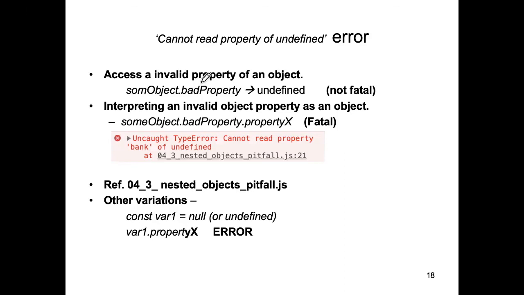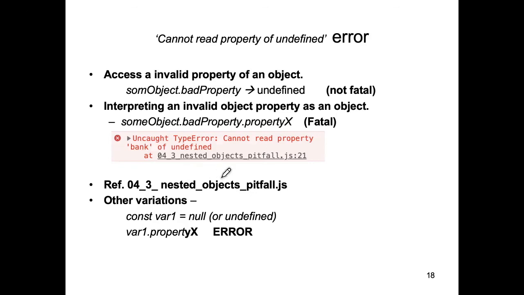This is where you get the fatal error of this form: cannot read property X of undefined, where you're trying to access property X of the primitive value undefined. This is how you see it in the console. It won't appear in the web page, but when you open your developer tools console, that's where you see your runtime errors.